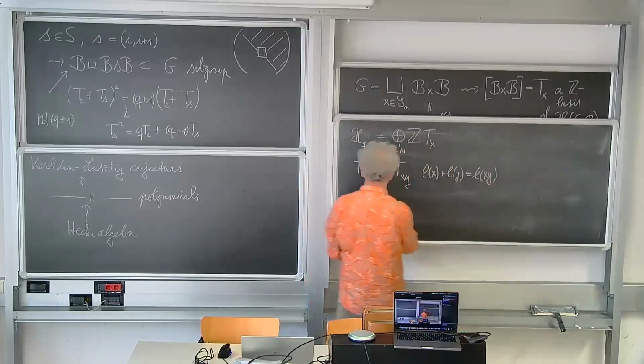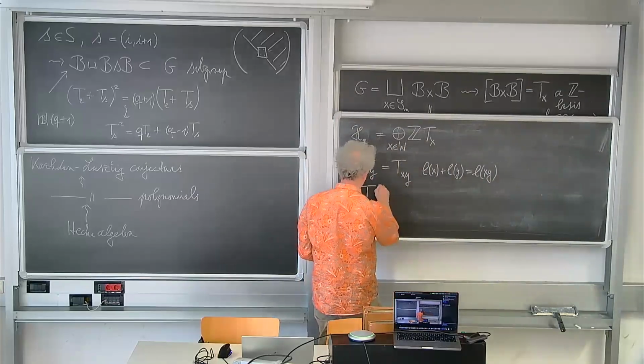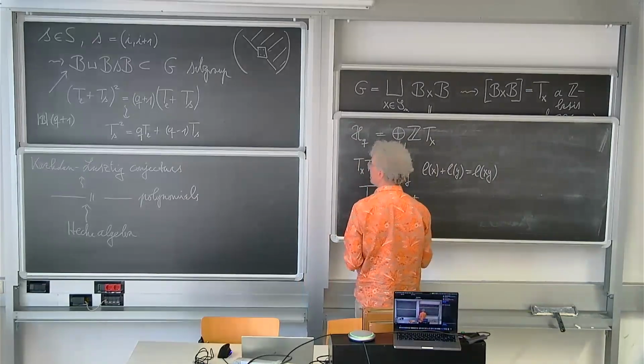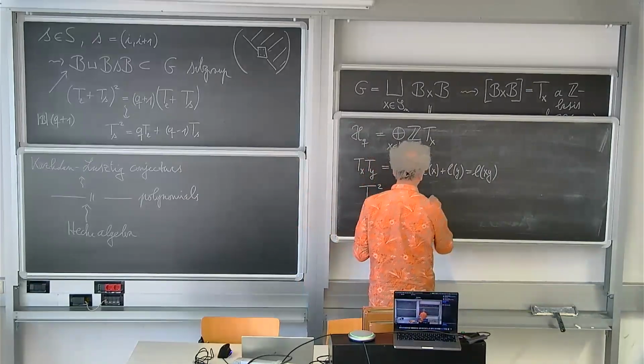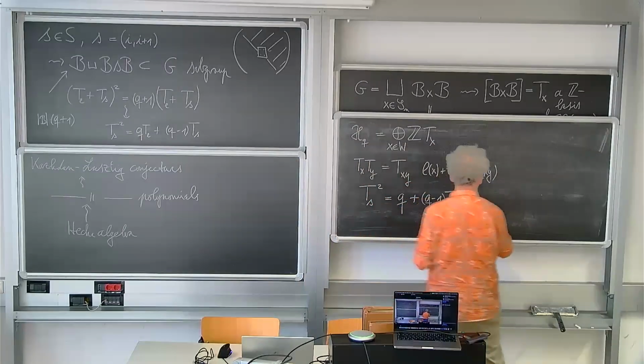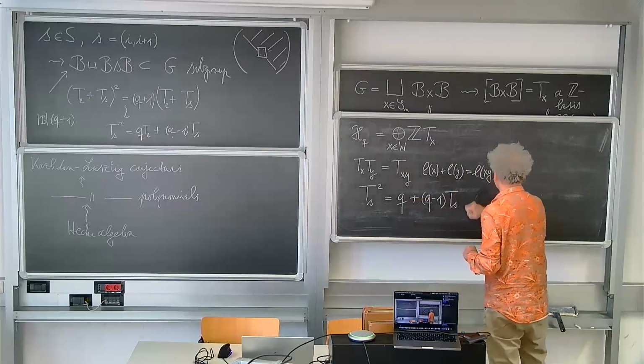And we have Ts squared is Q times Te plus Q minus 1 Ts if the length of S is 1.